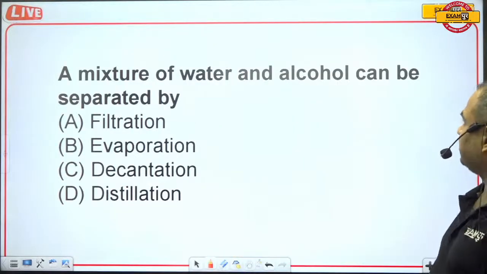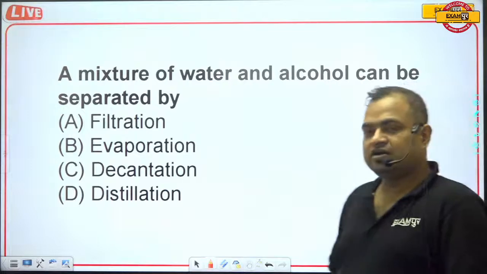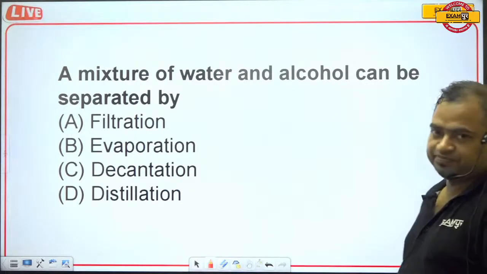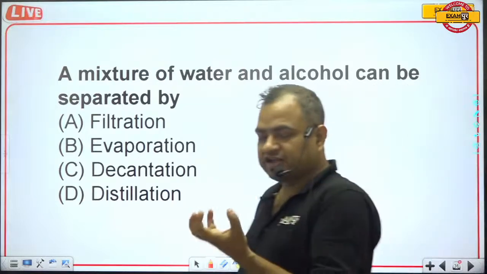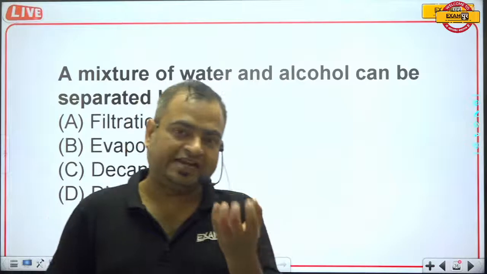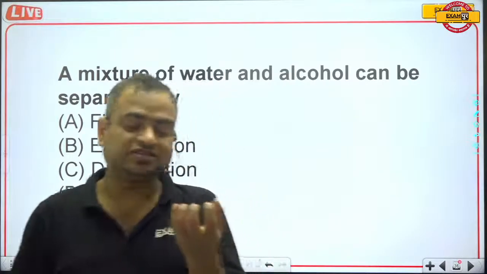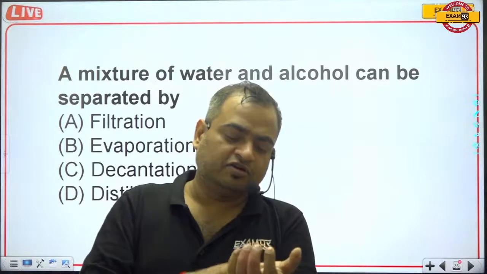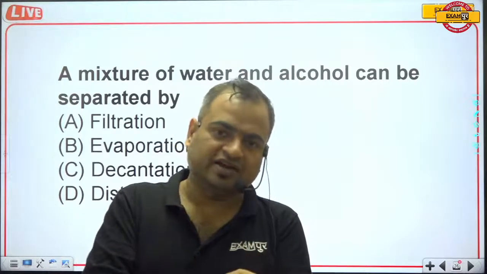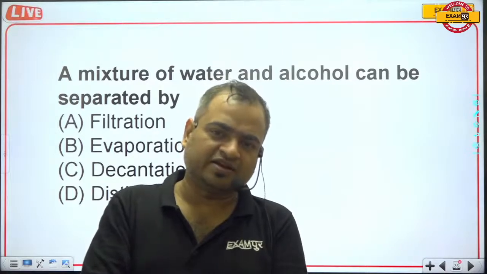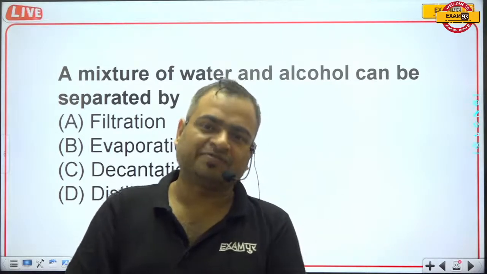Now, a mixture of water and alcohol can be separated by what? Guys, suppose we take two things in a pot and heat it, then both of these things will get heated. But suppose one material evaporates at a very low temperature and the other evaporates at a very high temperature.